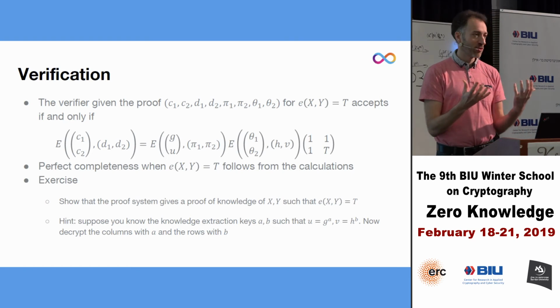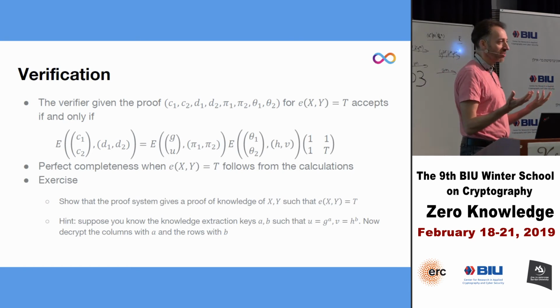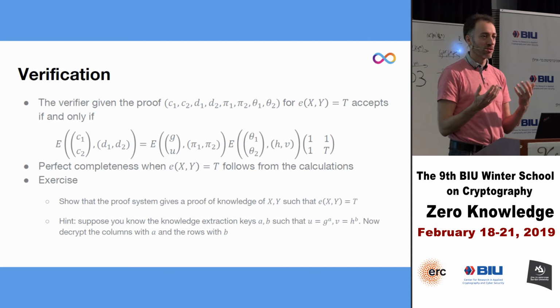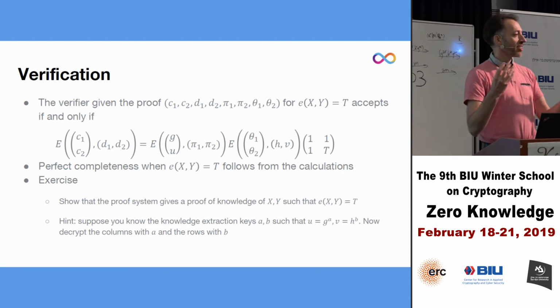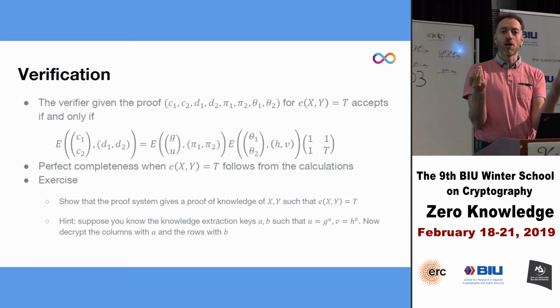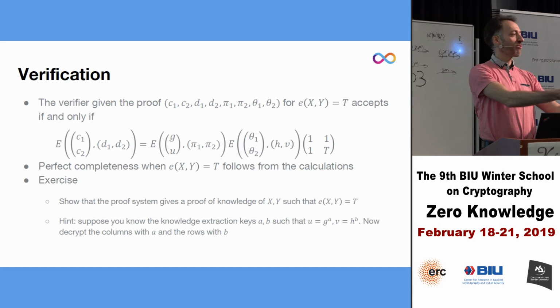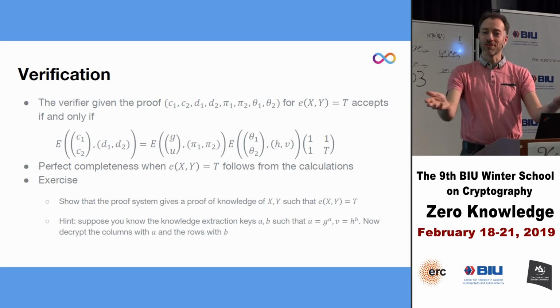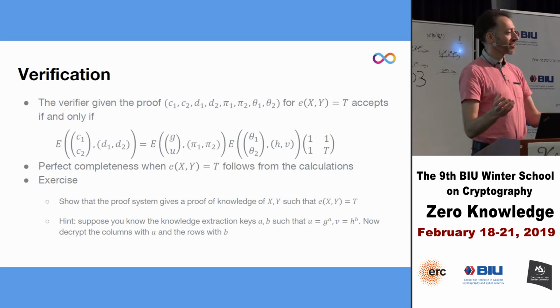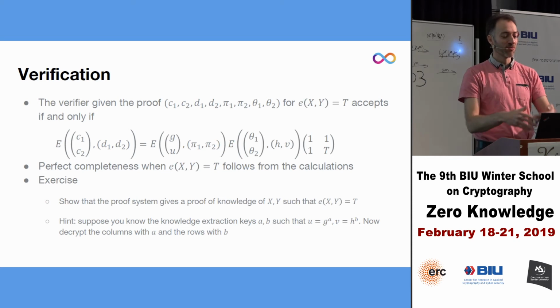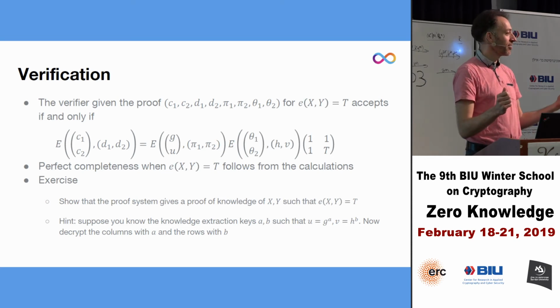Okay, and in that case, we would imagine the setup is, when we talk about knowledge extraction, that U and V have been generated as part of the common reference string, so there's some magic third party that appears and says, here you go, here's a common reference string, now you can start making proofs, right? And we say, great, okay? So we start making proofs, we have perfect completeness, everything is great, right?